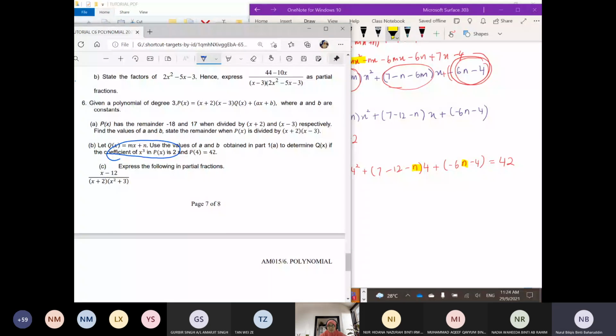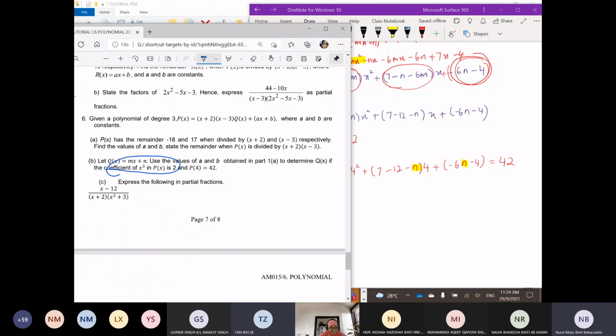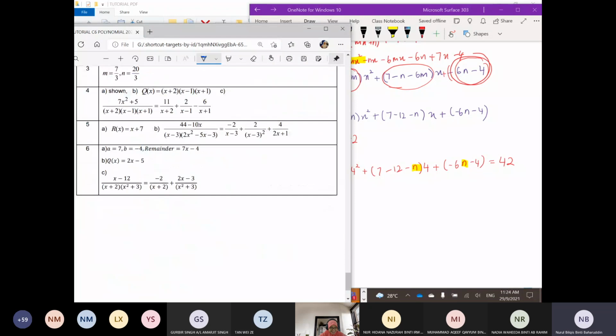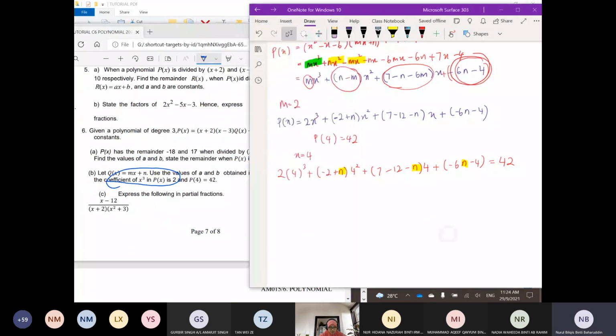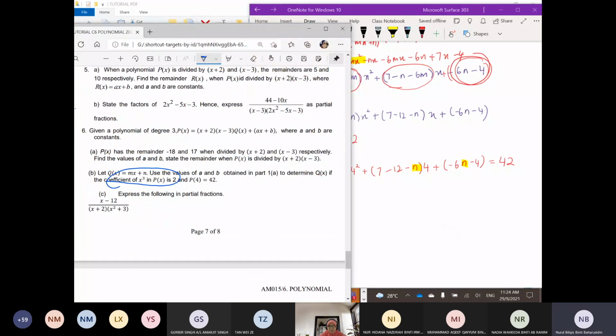What is the question? Question 6B. Q(x) equals to mx plus n. Because here it didn't mention find the values of what, so here we find the values of m and n.